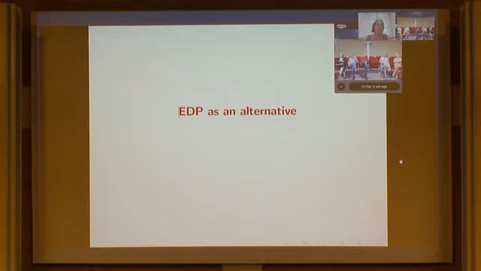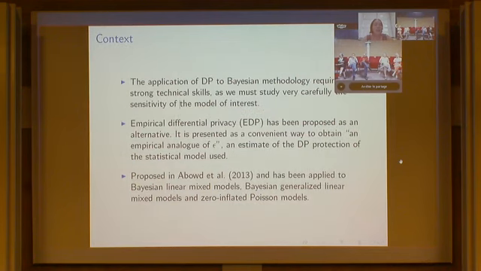And so EDP was proposed as an alternative, presented as a convenient way to obtain an empirical analog of epsilon. The idea is that you are not able beforehand to design a method that will give you differential privacy. Well, just do whatever model you want to do, and then from looking at this model, you can try to estimate what differential privacy you have in there.